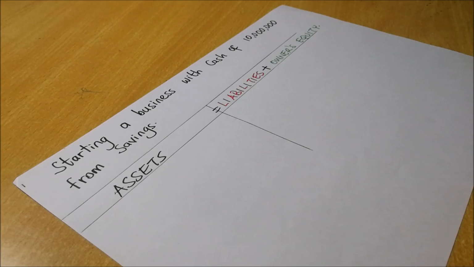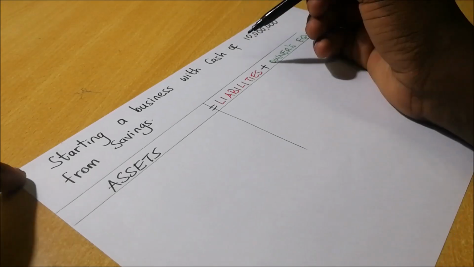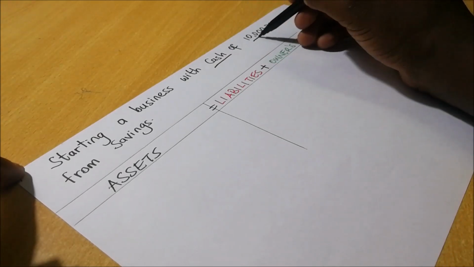It is simply stating that the first transaction is starting a business with a cash of 10 million from savings. So if you start a business with 10 million from savings, what are the 2 items that have been affected in this transaction? Well, for starters, we can all see that we have cash of 10 million.